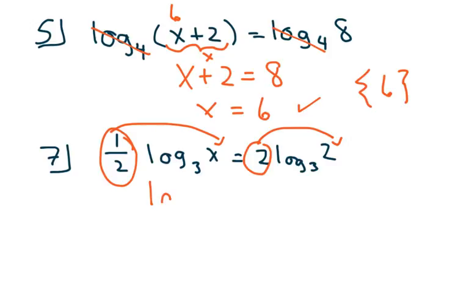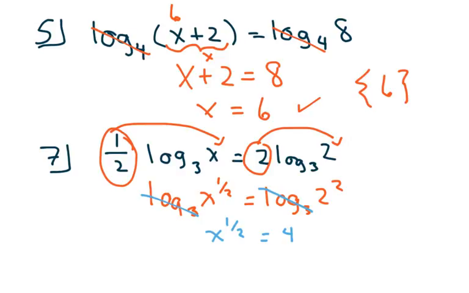So this turns out to be log base 3 of x to the 1/2 equals log base 3 of 2 squared. Now that we have it in this form, we're just going to solve. So we have x to the 1/2 equals 4, so x equals 16.